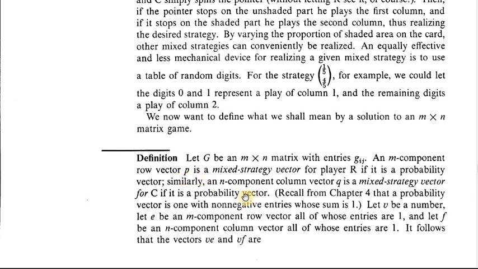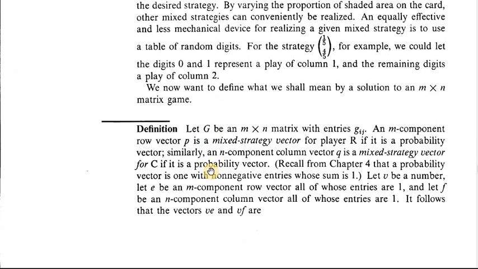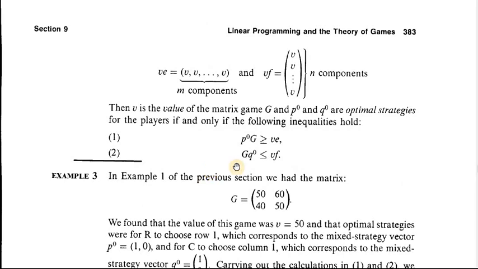And to get the value of the game for the row player, you multiply P times G, where P multiplies G on the left. So here we have this expression P0 G greater than or equal to V e.